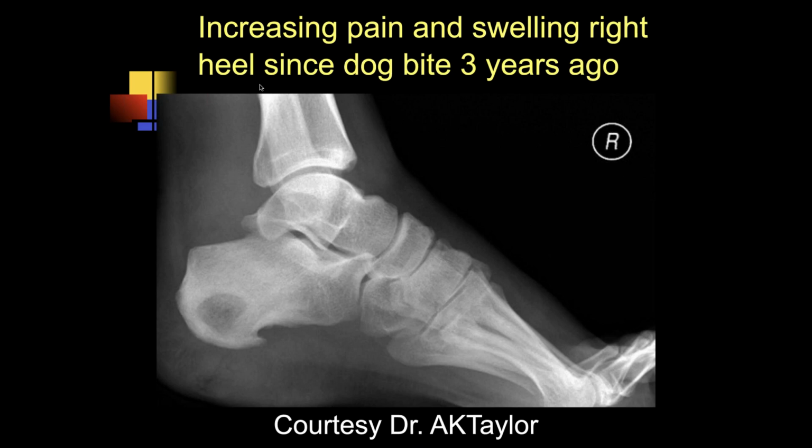Okay. So we have increased pain and swelling at night on the right heel since a dog bite 3 years ago, and there is some soft tissue gas in the plantar fat pad adjacent to the calcaneus. It almost looks like there's a tract extending to the calcaneus, and then there's a lucent region in the calcaneus.